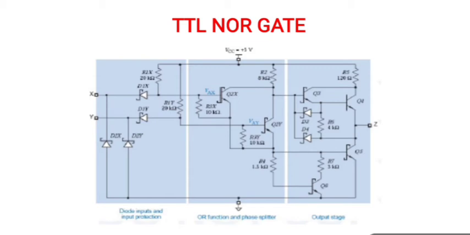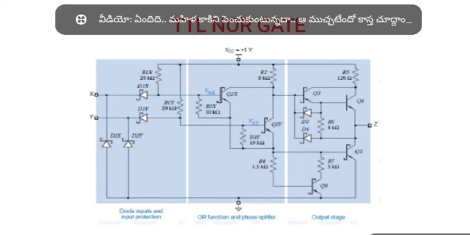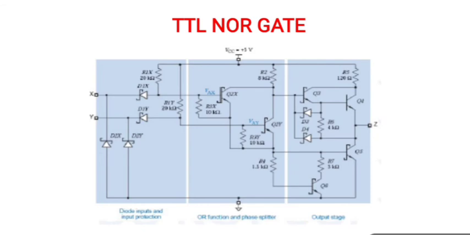So the base of Q2X will be 0. That's why the Q2X transistor will be off, and Q2Y also will be off.